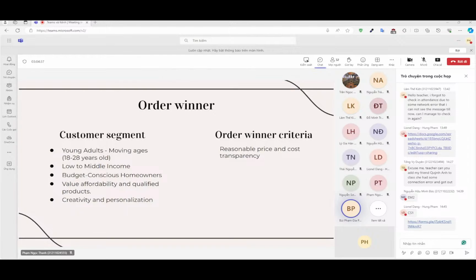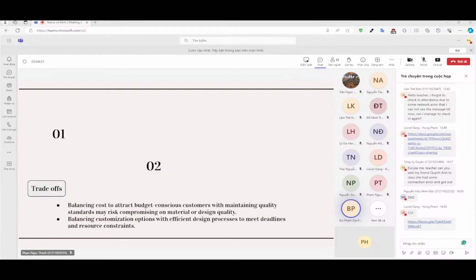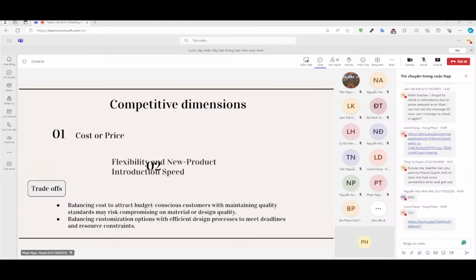They are low to middle income and budget-conscious homeowners. So our order winner criterion is reasonable price and cost transparency. And next is our competitive dimensions.